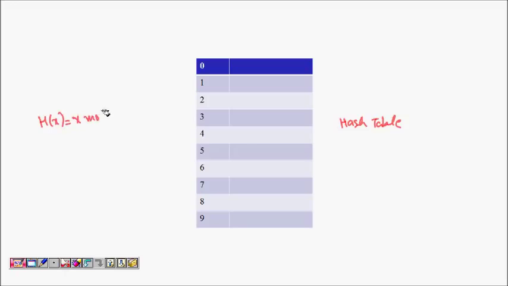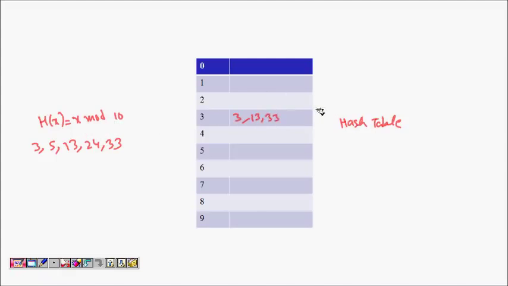Initially we used hash of x as x mod 10, and we said that if we have numbers 3, 5, 13, 24 and 33, then 3 will come here, 13 will also get hashed here with this hash function x mod 10, and 33 will also be added here.